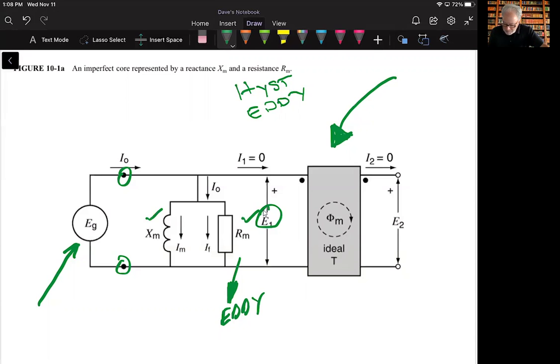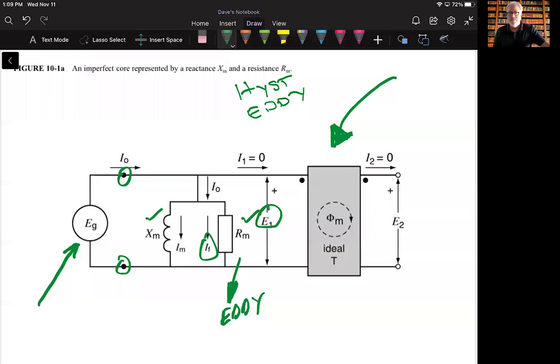In addition, the current going through this parallel resistor we're going to label I sub F. I'm guessing the F is representing the atomic symbol for iron, Fe. And so that current is shown here.